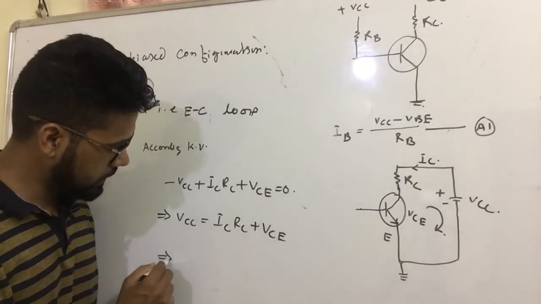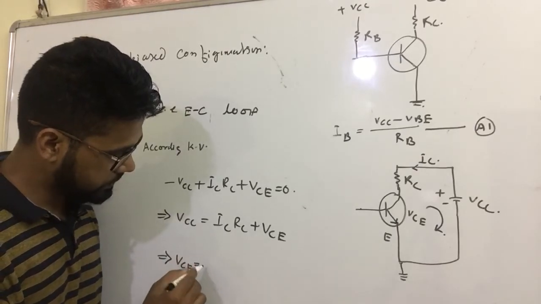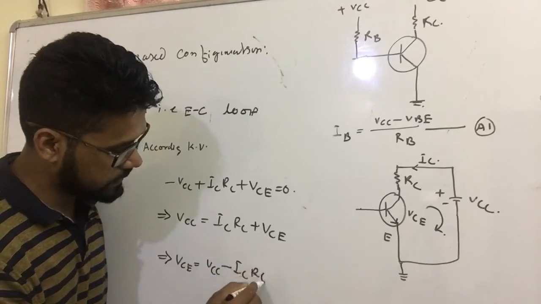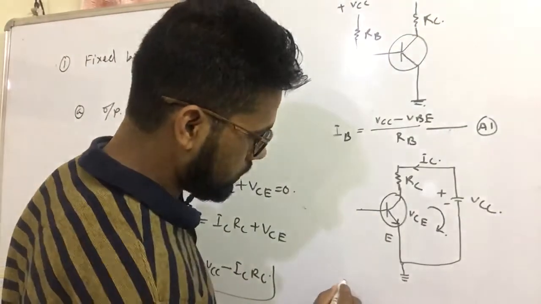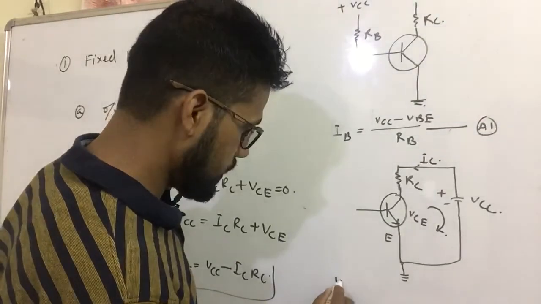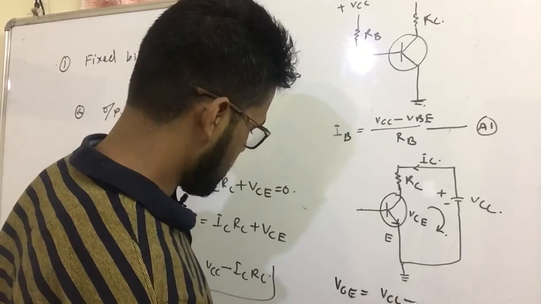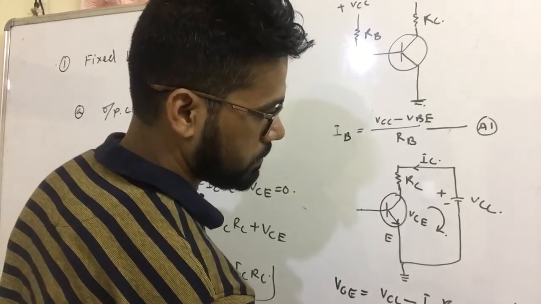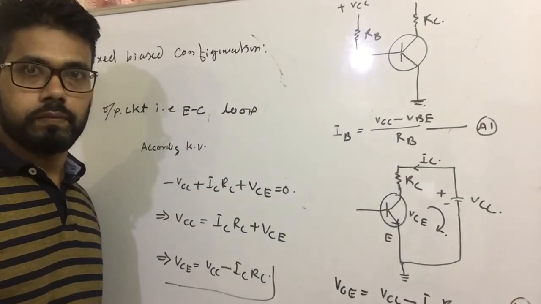Or you can simplify it: VCE, the collector emitter voltage, equals VCC minus IC RC. This is the equation we are going to discuss. From this equation we are getting VCE equal to VCC minus IC RC. This is equation number 2.